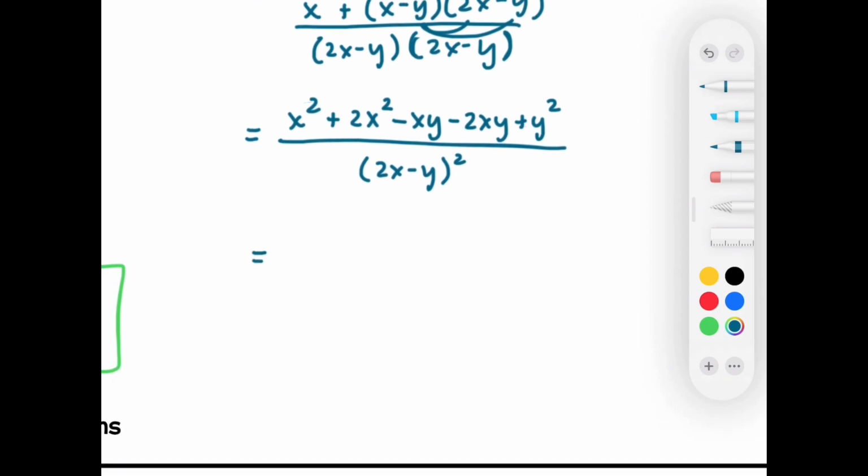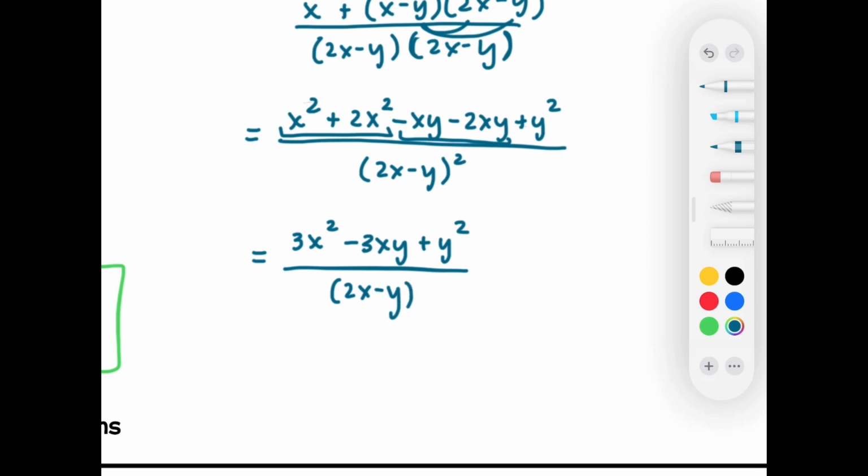All right, and then we want to combine what we can up top. So we're going to have these two be added together, so 3x squared. These two are like terms, so we'd have minus 3xy plus y squared, all over 2x minus y squared. And we can't do anything else, so that would be our final answer.